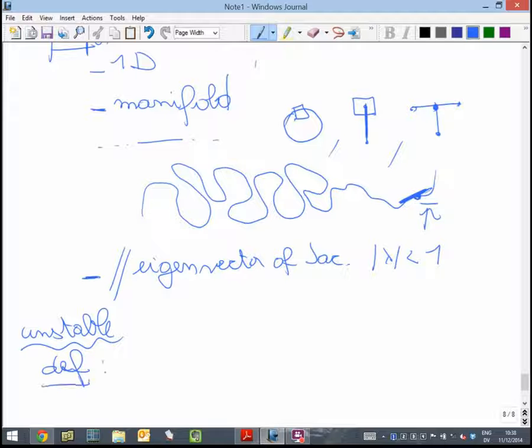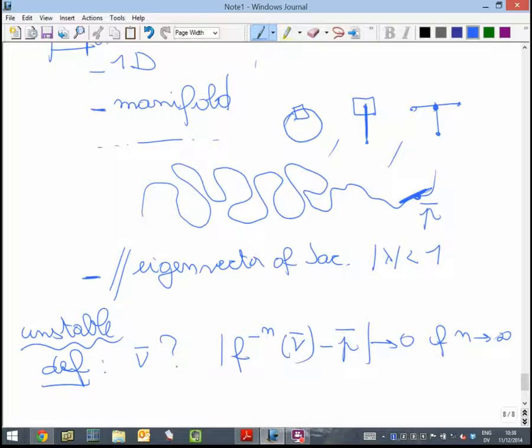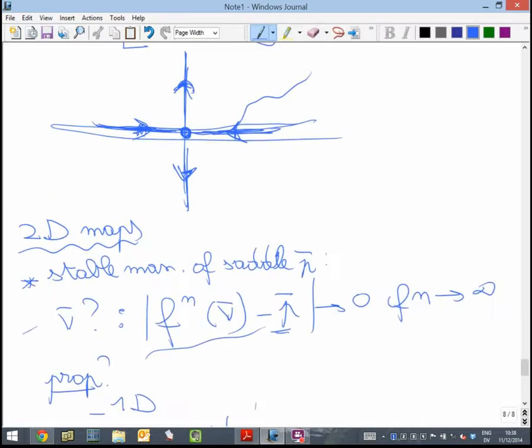And there's a way around this by actually going backwards in time, if you want, by saying that our unstable manifold is the collection of points V for which, if I apply not my map f but the inverse of my map, if I go back in time n iterations, then the distance to the saddle point P becomes 0 if n goes towards infinity. So in this case, if you have an unstable manifold, something will happen.